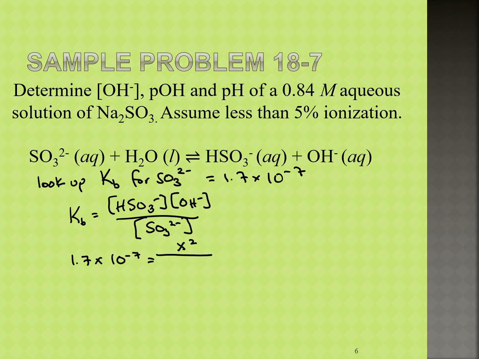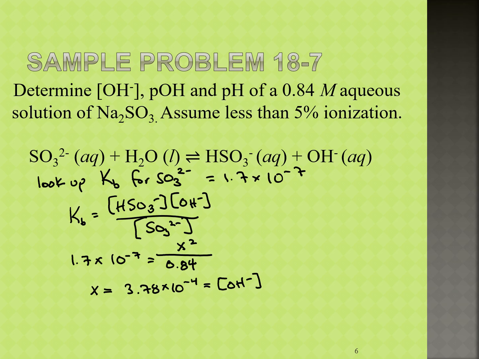We know that's going to be x and x divided by our SO3 2-, which was given to us as 0.84. That would be minus x, but it says it's less than 5%, so I'm not going to include that in our problem. And so our x is going to be equal to 3.78 times 10 to the minus 4th. Remember that that is also our OH concentration.